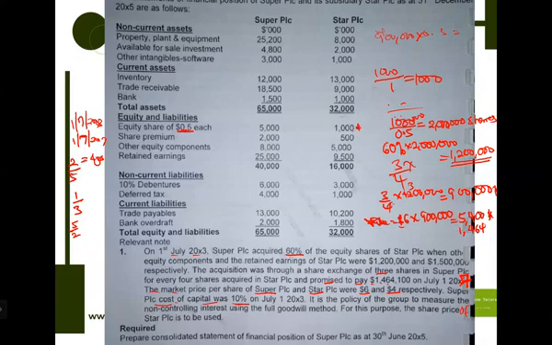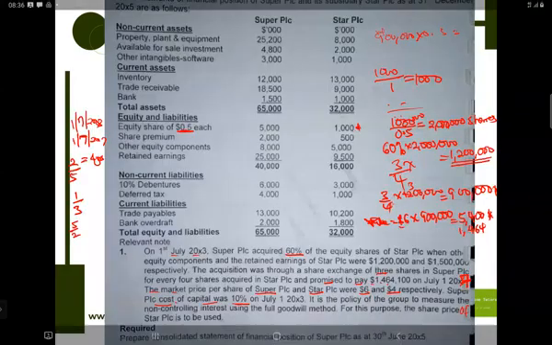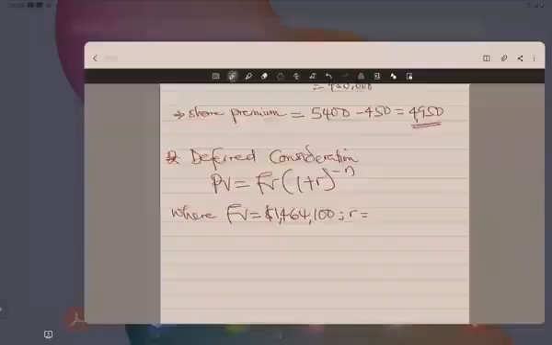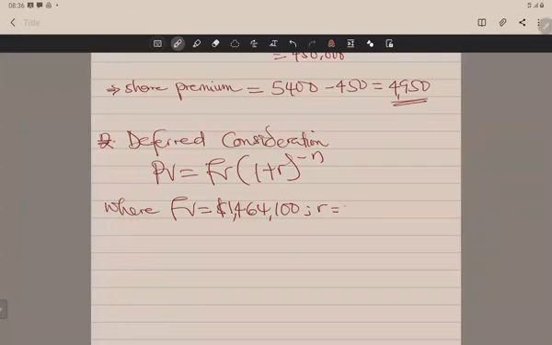Do we get that? We are not in SFM class. So our R is what? 10%. We have already been given. 10% is the same thing as 0.10. Please take note. Then what is your N?